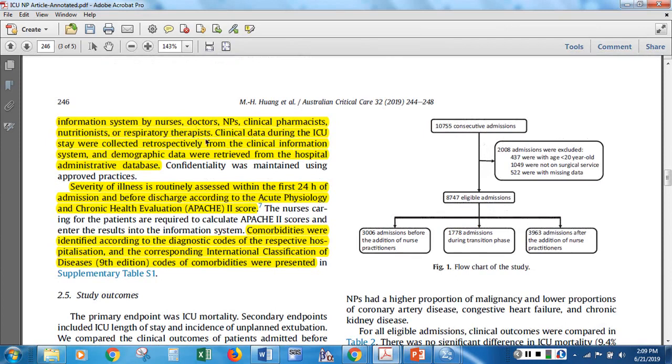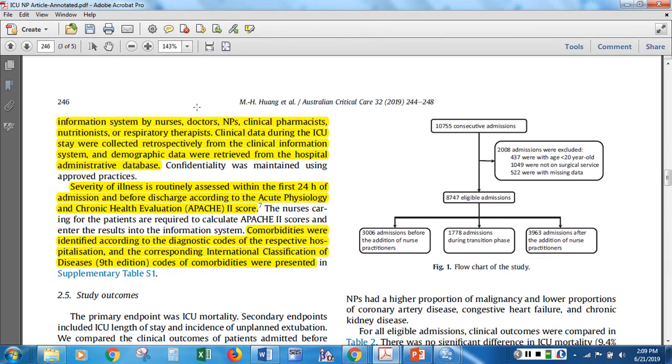Clinical data during the ICU stay were collected retrospectively from the clinical information system, and demographic data were retrieved from the hospital administrative database. So here we can point out two things. Like I said earlier, by design, you can always point out issues related to data abstraction, because that is built into the design of retrospective cohort studies. There's always a problem in terms of abstracting records.